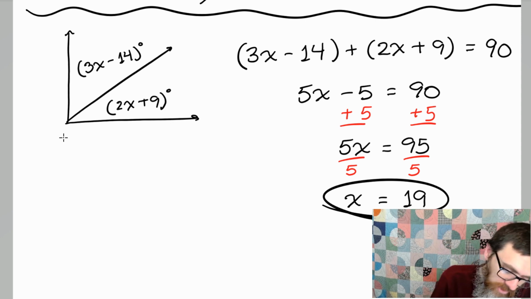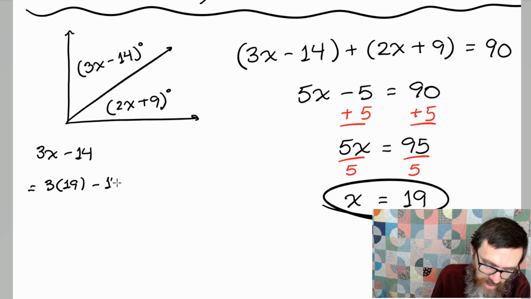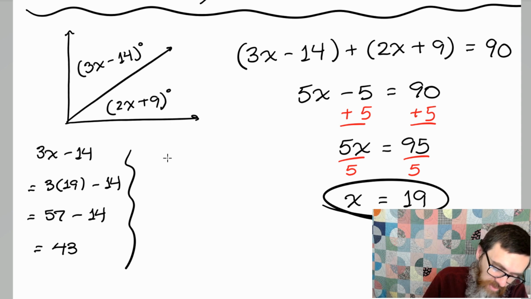So for this one right here, the 3x minus 14, we plug in the 19. So 3 times 19 minus 14. 57 minus 14 is 43. And then we know what the other guy should be if it's supposed to add to give me 90. But let's plug it in to double check.